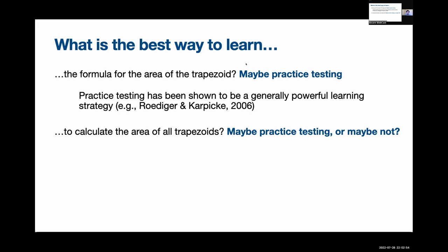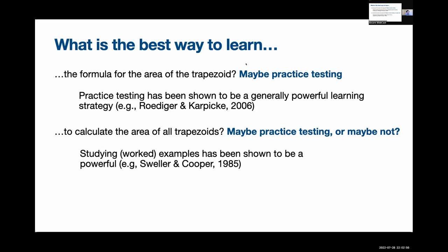A lot of research with these types of materials, applying formulas or calculating areas, suggested that studying more examples can actually improve learning. And one might ask, okay, how do we reconcile these two potentially contradictory proposals, that you should practice more, that perhaps you should practice less, and find the best way to learn different types of materials?